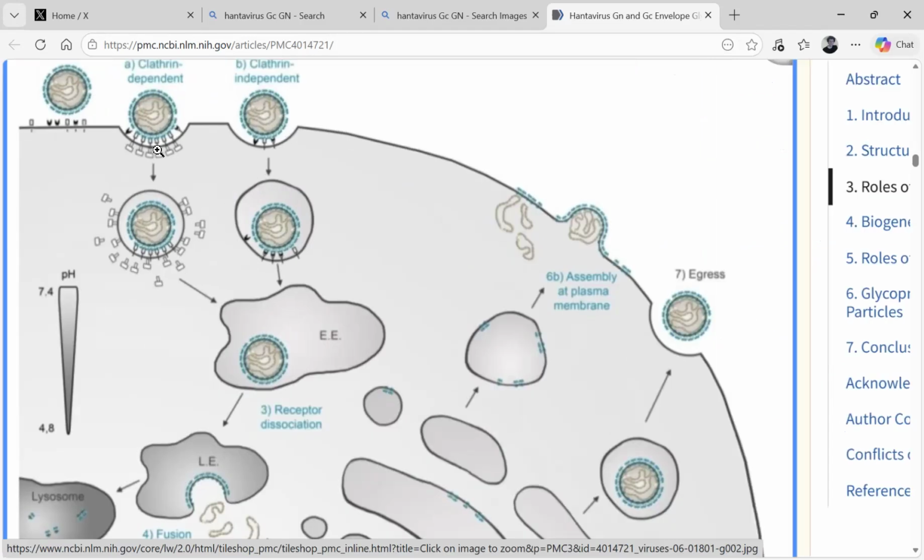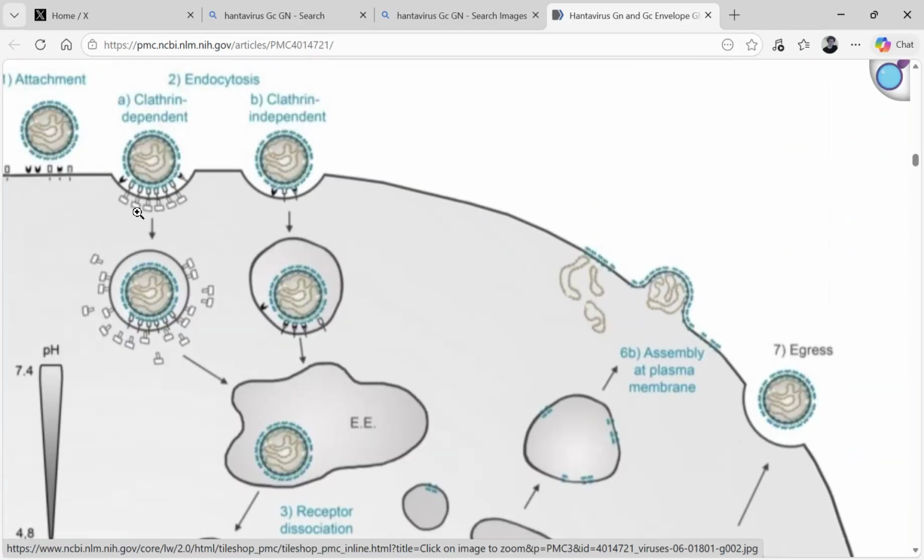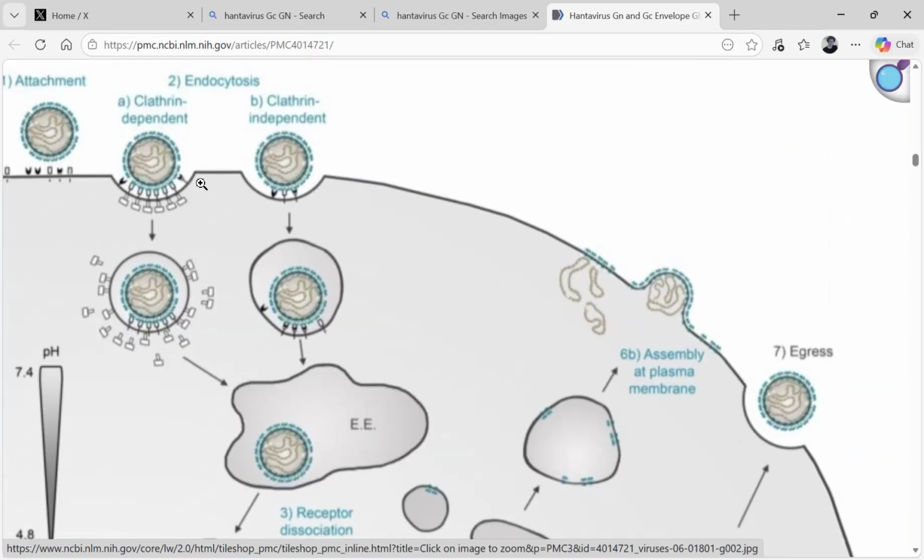So sometimes you have clathrin underneath the cell surface, and that will help with the docking of the hantavirus. And then there's the clathrin independent. Now, I have to research a little bit more, but I believe that one is old world and the other is new world variant of the hantavirus.